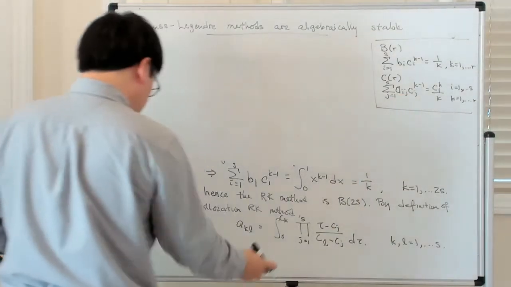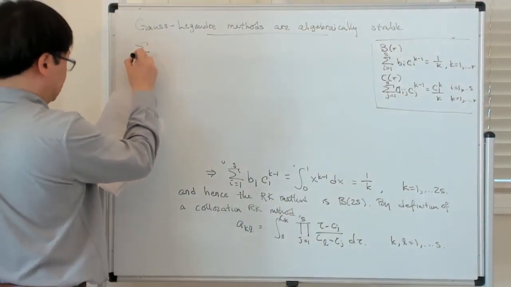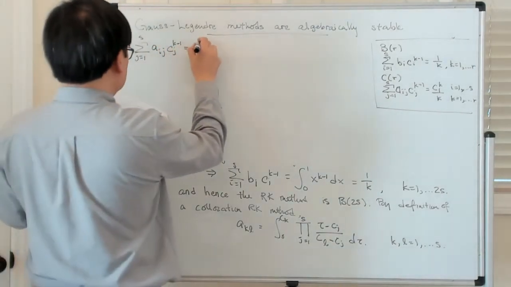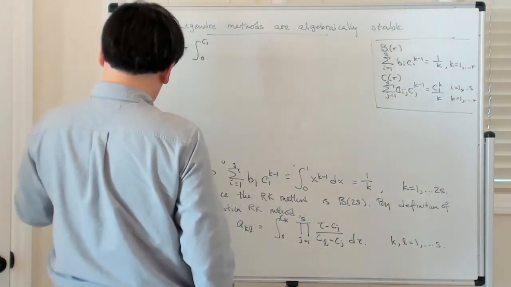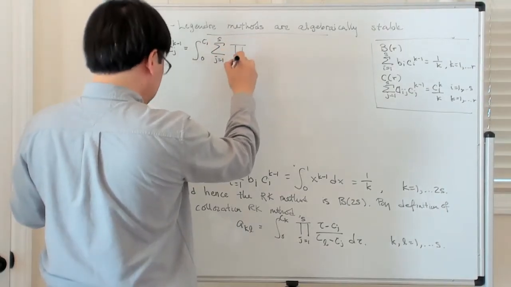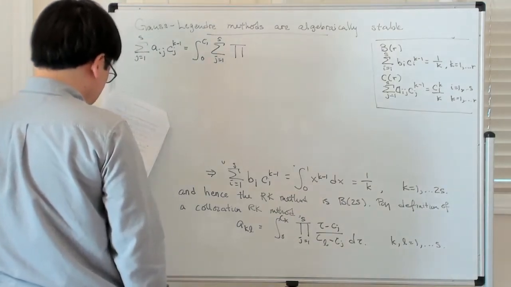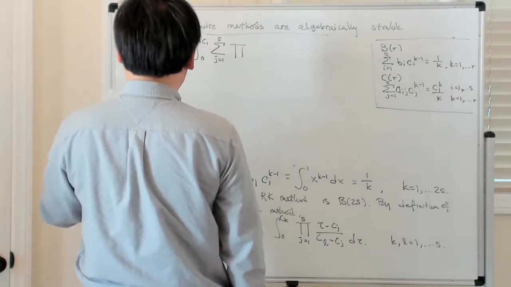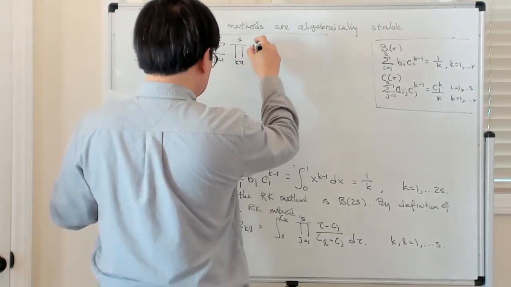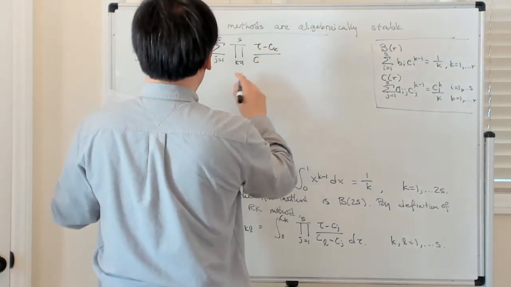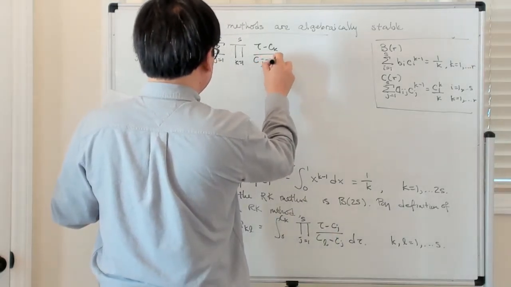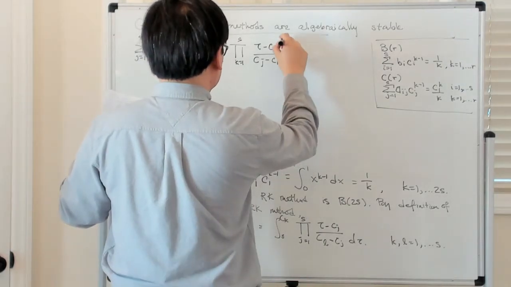So I'm trying to show this condition, and I have this observation. The sum from j equals 1 to s of a_ij cj to the k minus 1 is equal to the integral from 0 to ci of the sum from j equals 1 to s of the product of (tau minus Ck) over (Cj minus Ck).